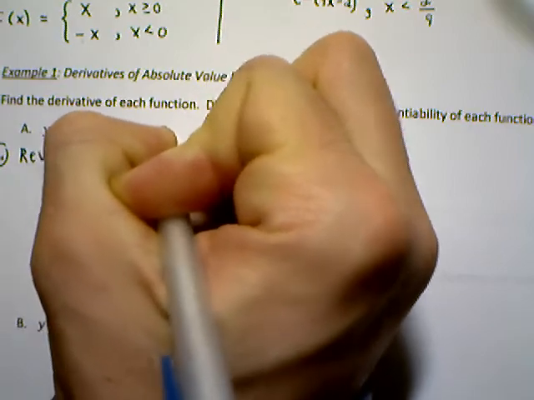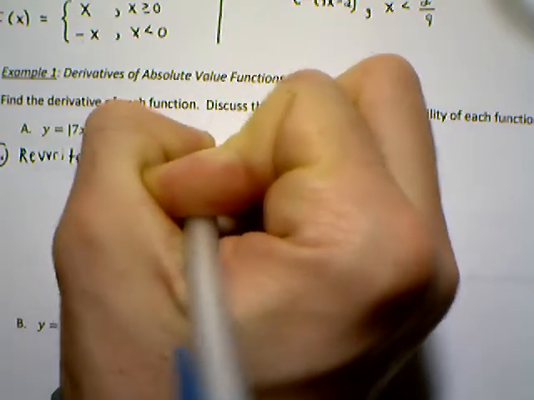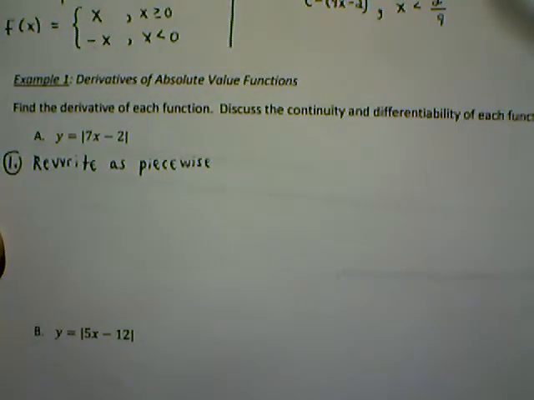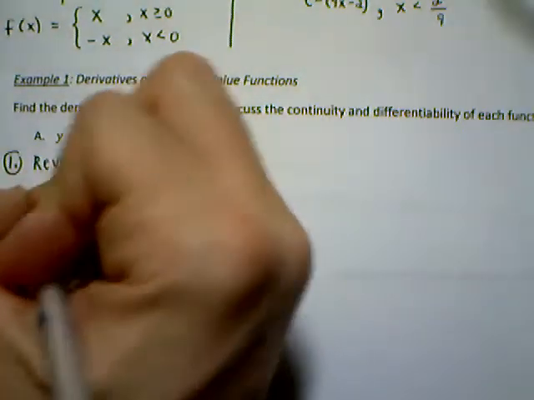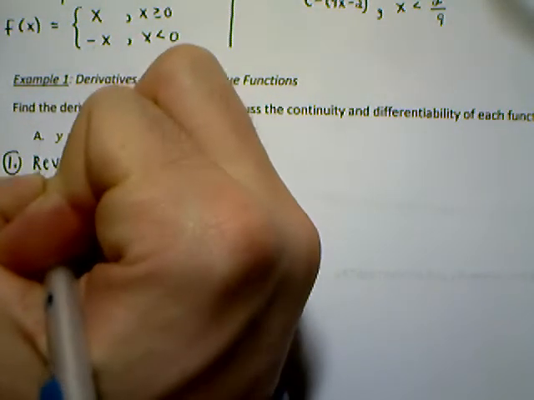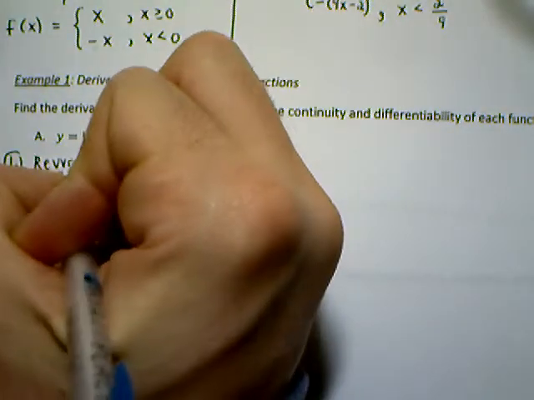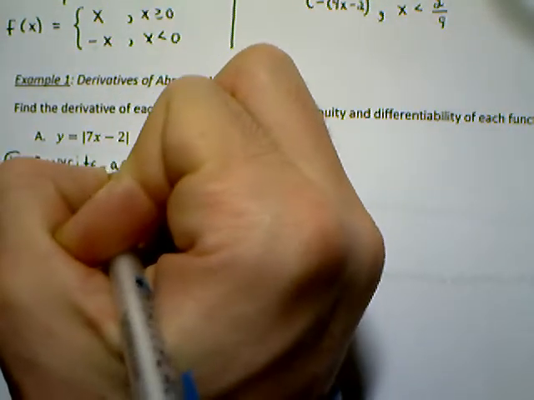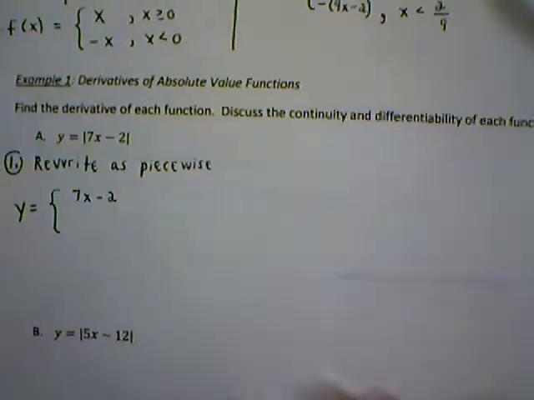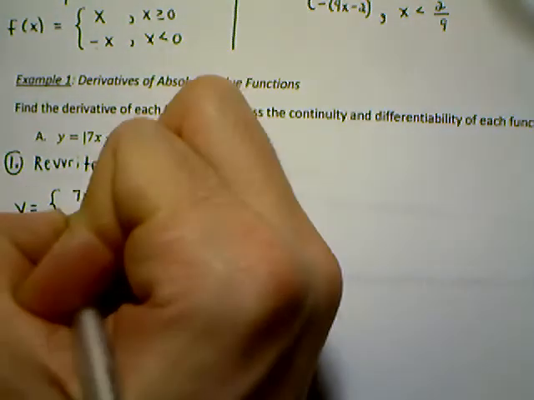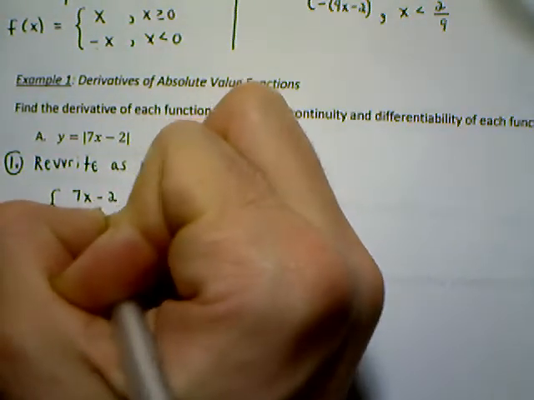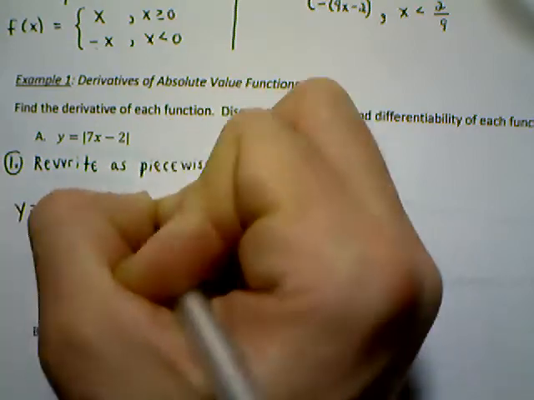So to do that, let's just take y, and that equals, well, it's going to be 7x minus 2 and negative the quantity of 7x minus 2.